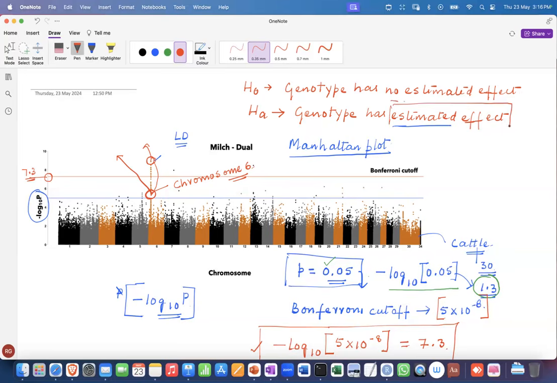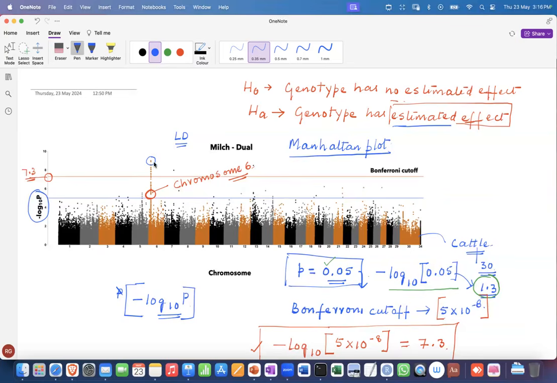Once again, I'm repeating this. These are several things that have to be very clear. Sometimes you will think that the top hit SNP, the one sitting here, should have a major effect.